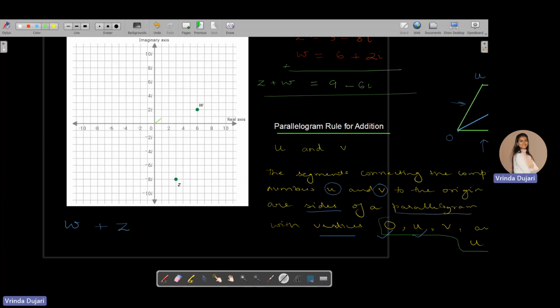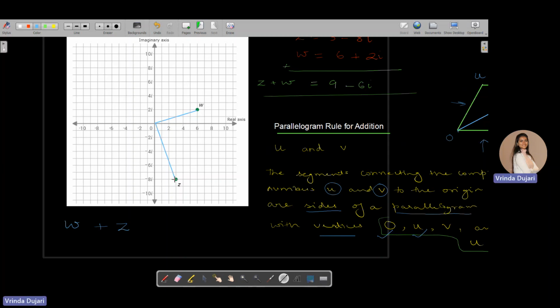This is the origin. Let me take a darker color. Let's take blue. So connect w with the origin, and connect z with the origin.